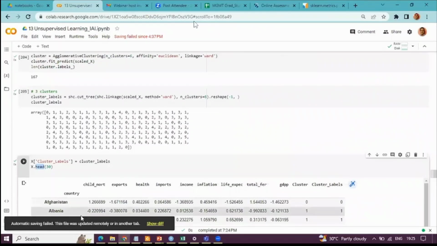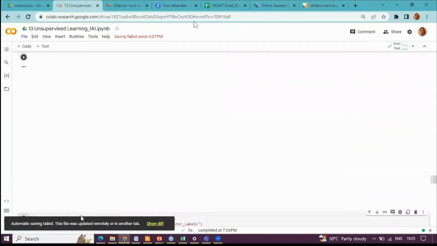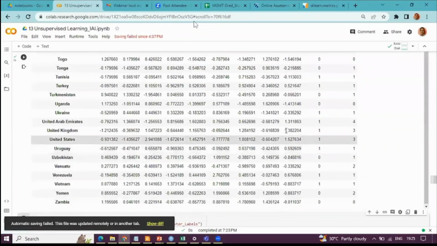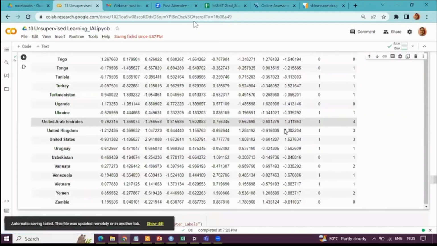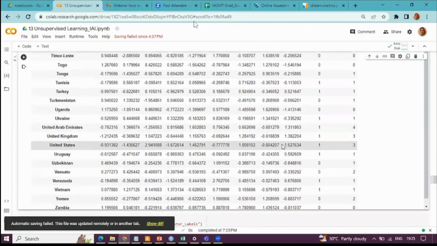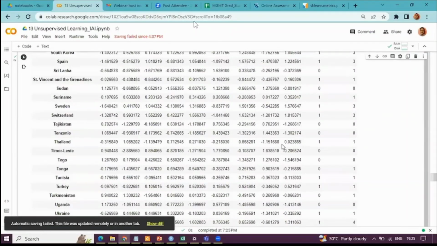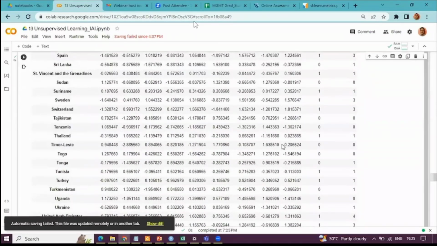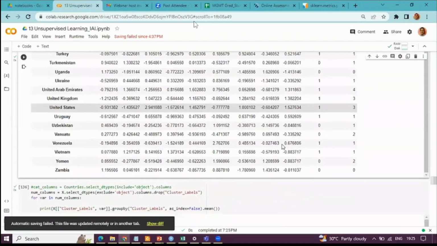Even if I look at the tail, along with the Bahamas, I am getting UAE with Bahamas, right, in the cluster number 4. So we are seeing that different countries are constituting different clusters.